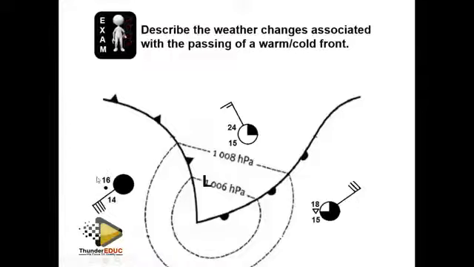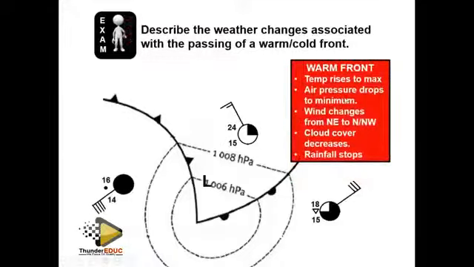Therefore, you can also look at this and you see that this one is 16, this one is 14. This is a bit colder than what will happen here. So at the warm front, temperature rises to the maximum. That's why you see the temperature here is 24 and 15. The difference is also not that big, but when you come here, it is 16 and 14, which is a bit lower than what is happening here.